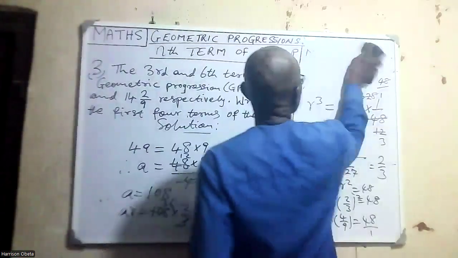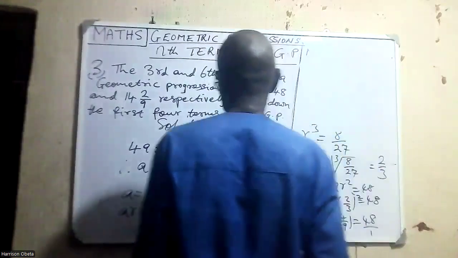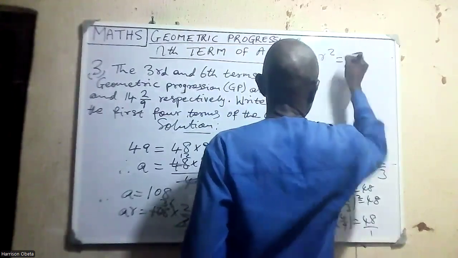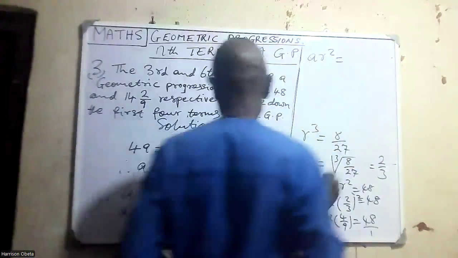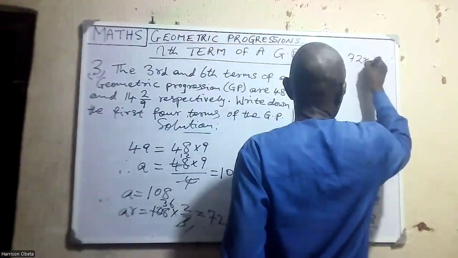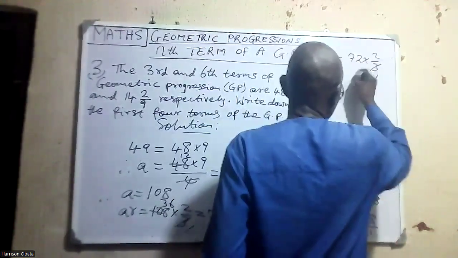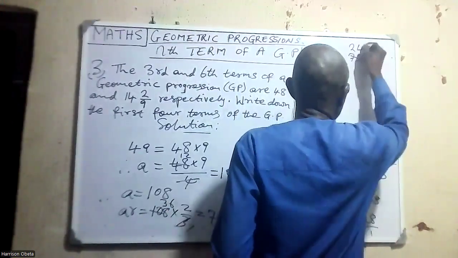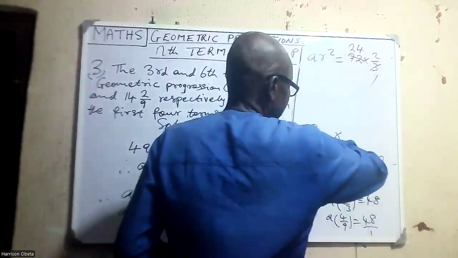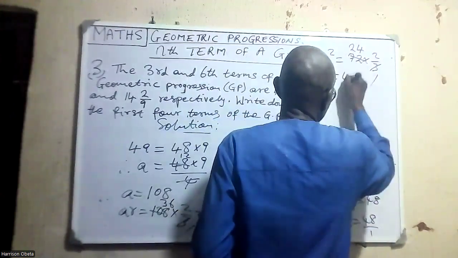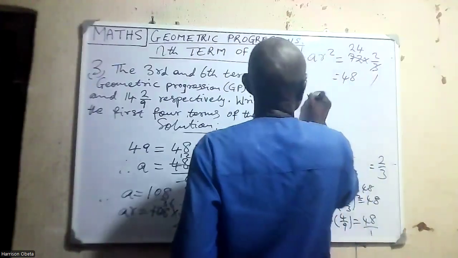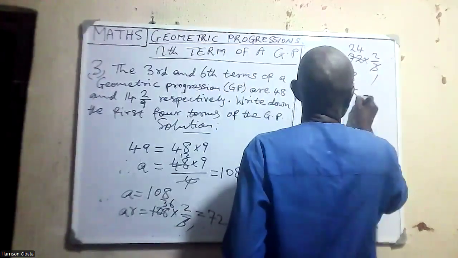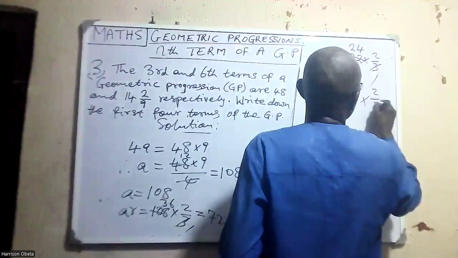Then AR raised to 2, which is the third value, should be 72 times 2 over 3, which is 24 times 2, that will give us 48.